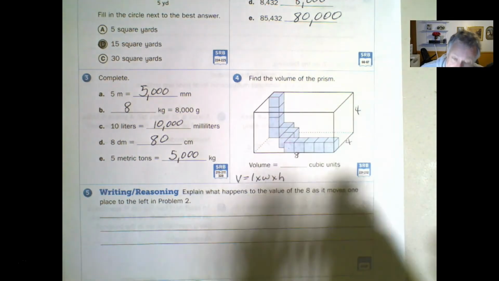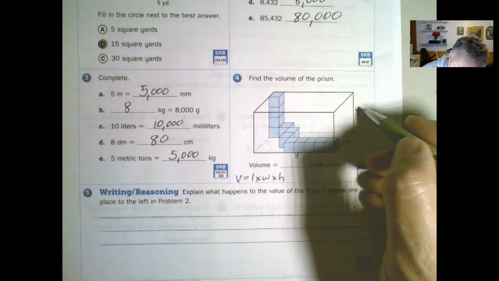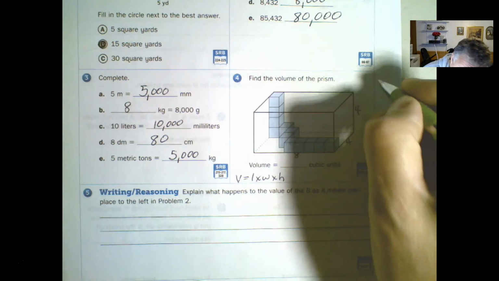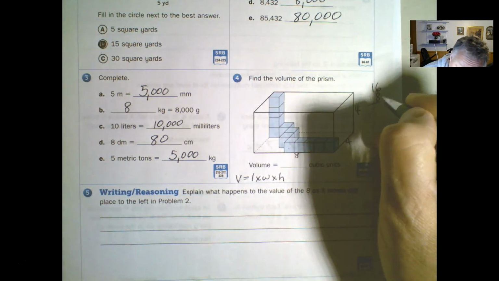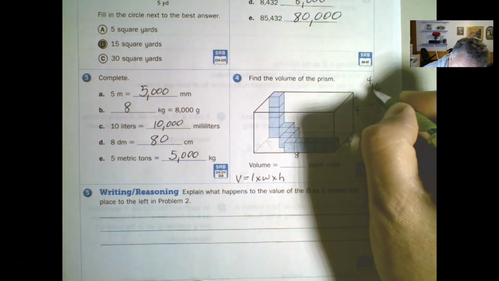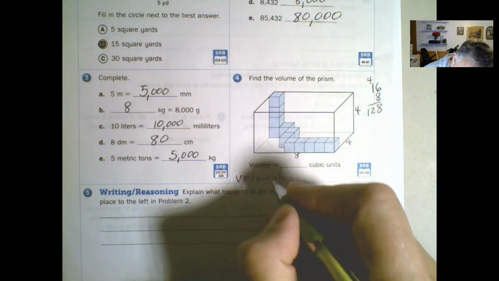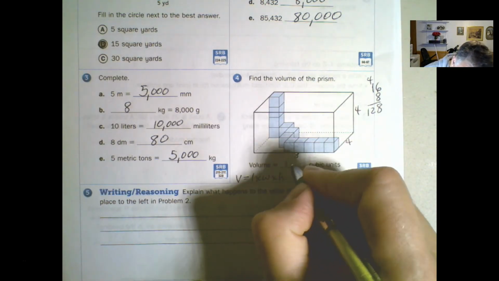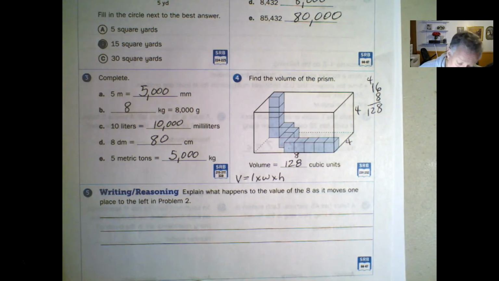So 8 times 4 times 4. Or we could do 4 times 4 first and get 16, and take 16 times 8. 8 times 6 is 48. 8 times 1 is 8, plus 4 is 12. So it is 128 cubic units.